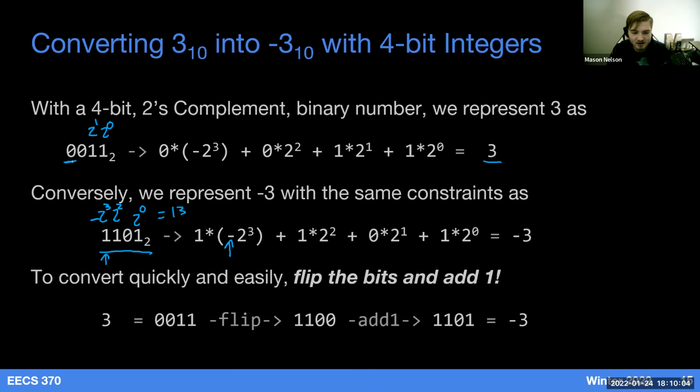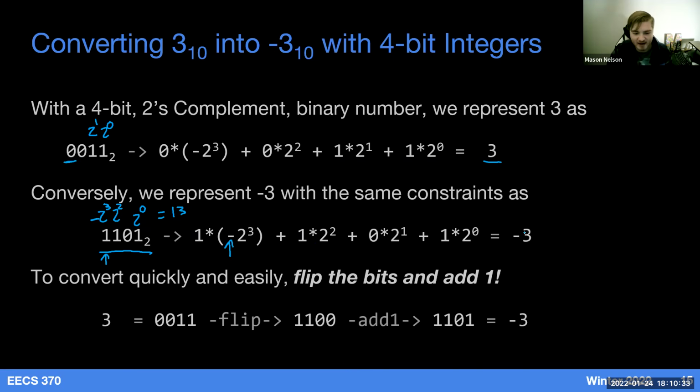And because this front bit has the strongest place value, that means that any time we see a 1 at the front, that's going to be a negative number, because even if we have 1s everywhere else, it won't get large enough to overpower that other place value. So even if we have all 1s, that's actually going to come out to -1. So it will be a distinctly negative number. It won't even be 0, right?